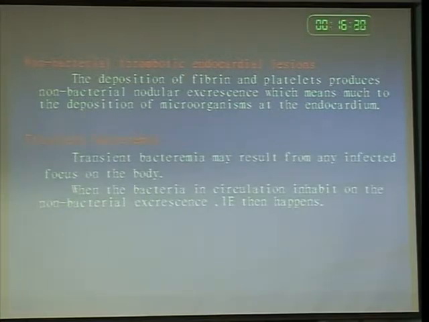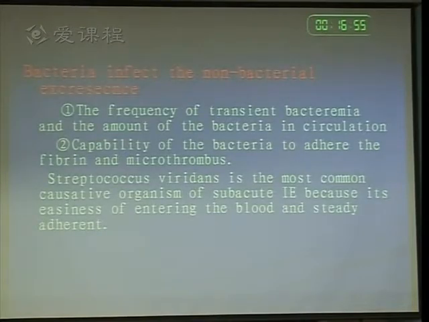The third factor is transient bacteremia. Transient bacteremia may result from any infected focus in the body. When the bacteria in circulation adhere to the nonbacterial thrombotic lesion, what should happen? Bacteria infect the lesion, which is the third factor for the IE.